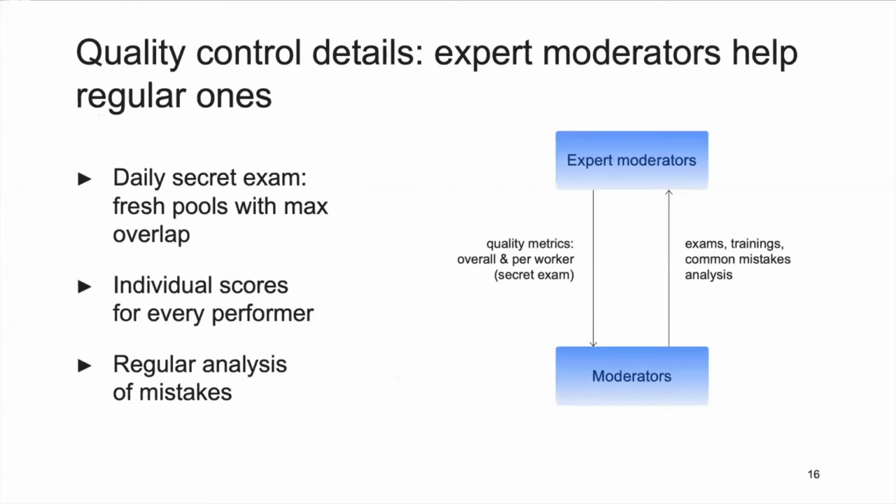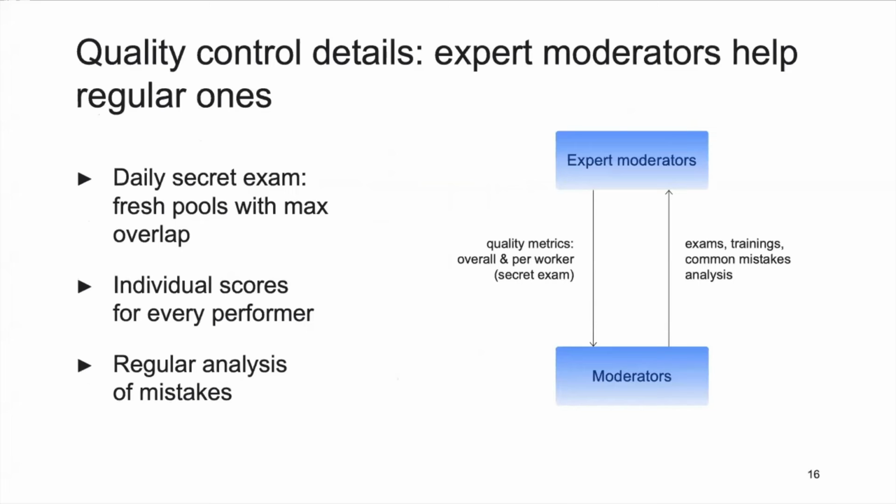Let's move to the next step, and it's how expert moderators help moderators. The situation is a little bit different here because expert moderators are very expensive, and we can't afford them to work daily and to create control tasks daily.